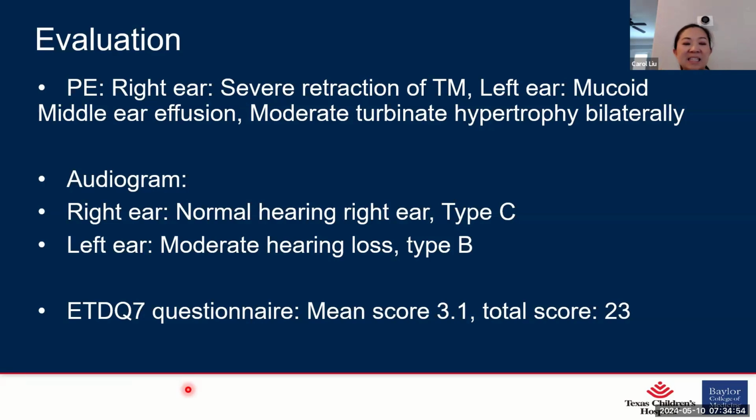That's why at TCH we do obtain the ETDQ-7 questionnaire, but we haven't found it as easy to track the data as in adults. So this patient did end up getting a Eustachian tube dilation.